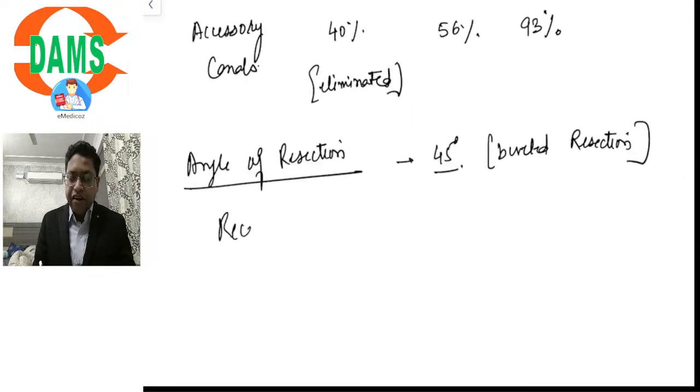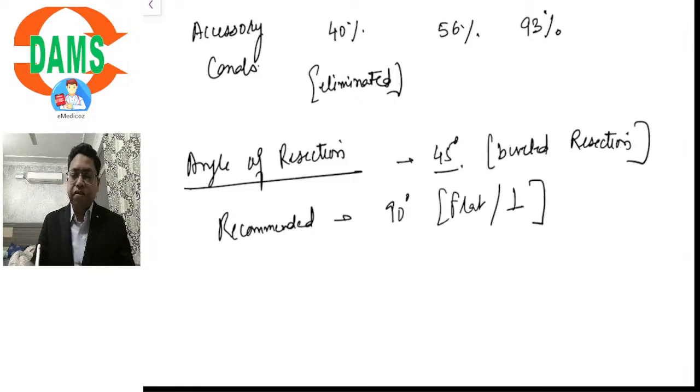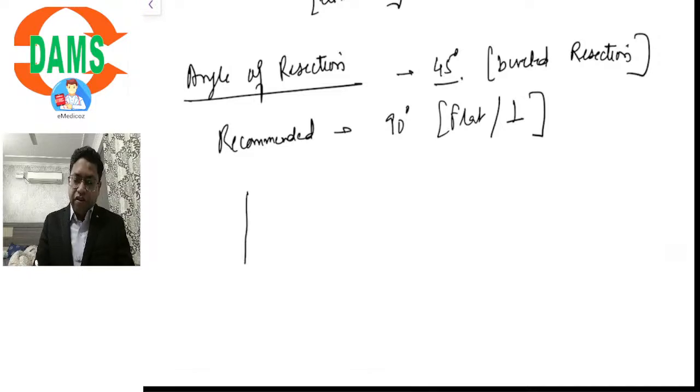And the recommended angle of resection is 90 degrees flat, or we can say perpendicular resection. Okay, this is a example of beveled resection. If we see it from buccolingual direction, this is the buccal and this is the lingual or the parietal direction. The root is cut off at a oblique 45 degrees angle.